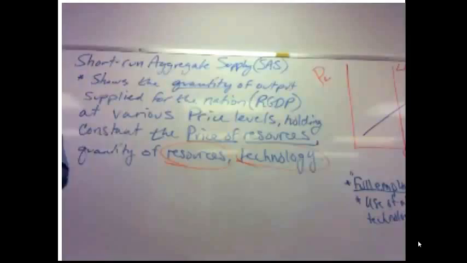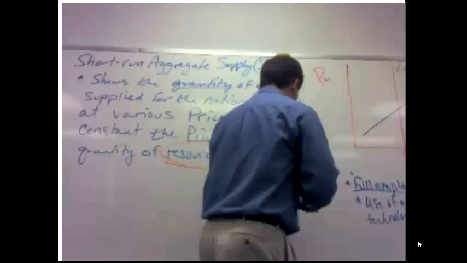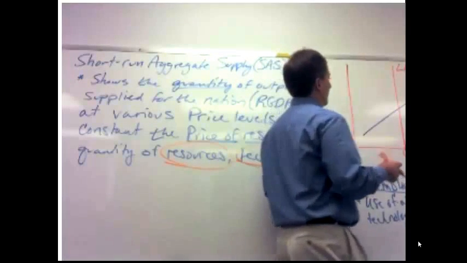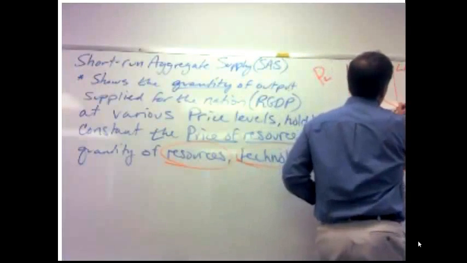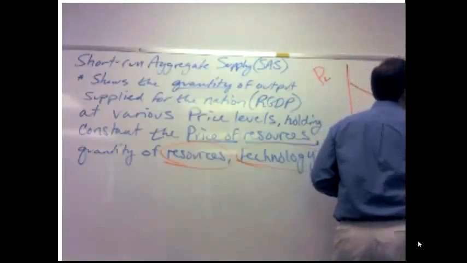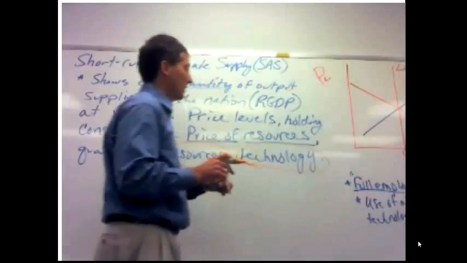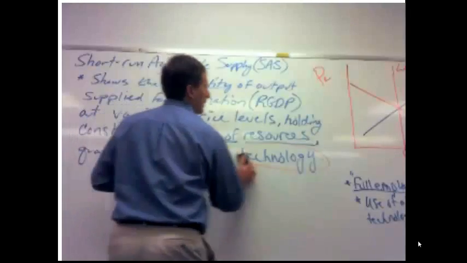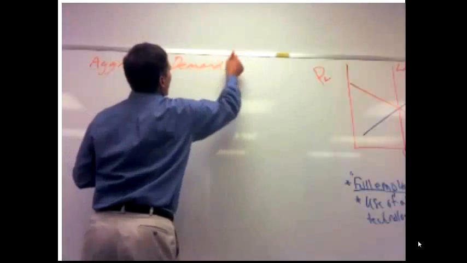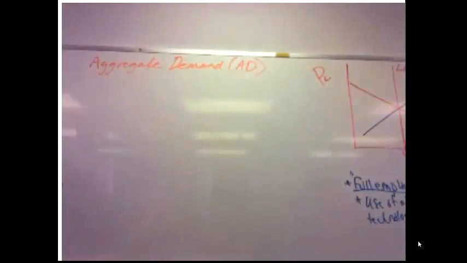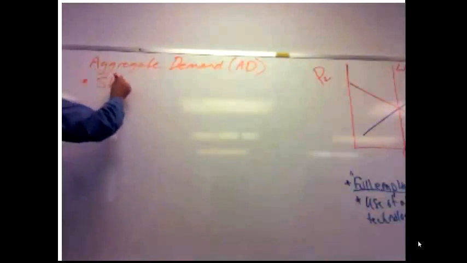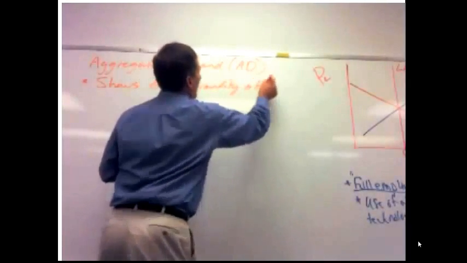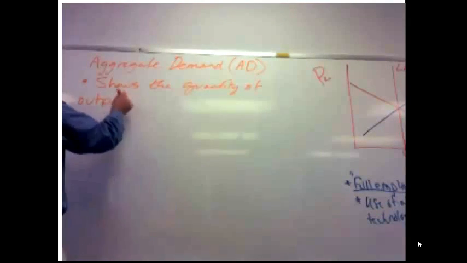Okay, so on the demand side of the equation, let's see, I think I'll go to orange. I want you to just draw a line right through that so that all three cross in harmony there. Aggregate demand shows the quantity of output demanded.